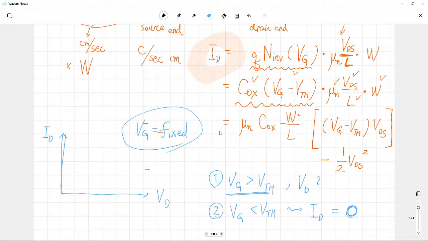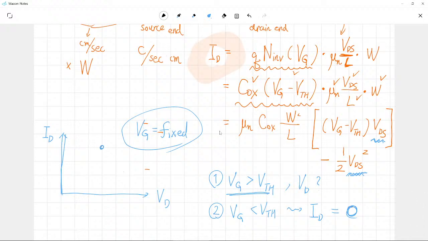So now you understand this ID expression is a second order polynomial of VDS. Here you have VDS, a square term and a linear term. Then what does it mean?